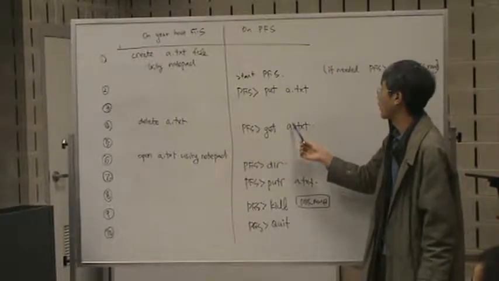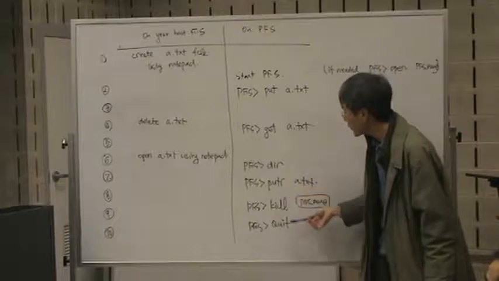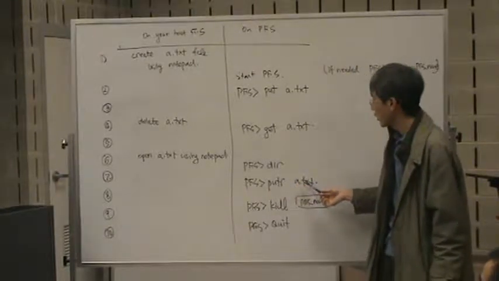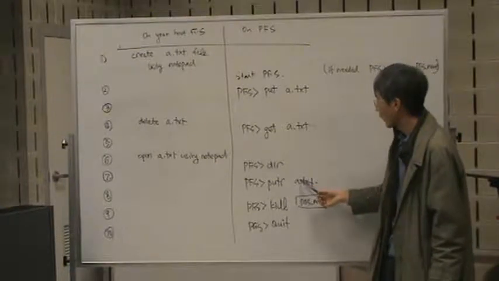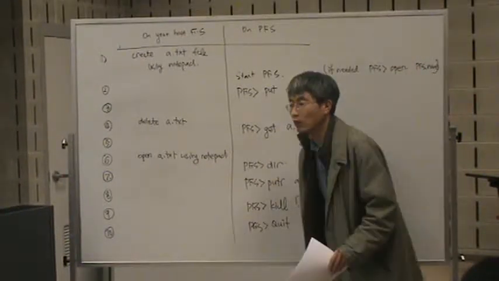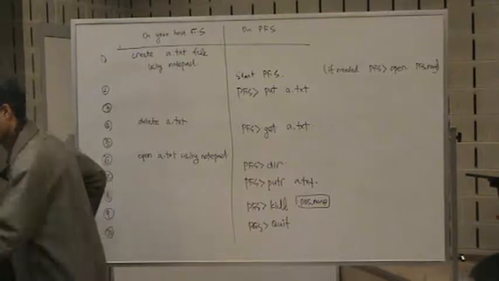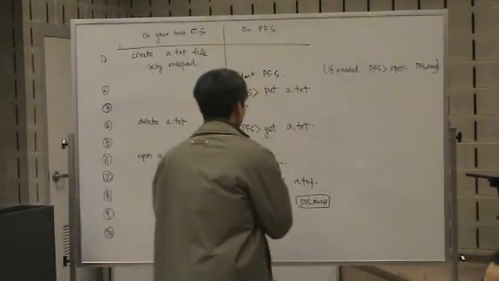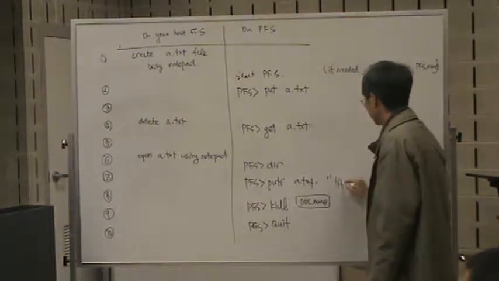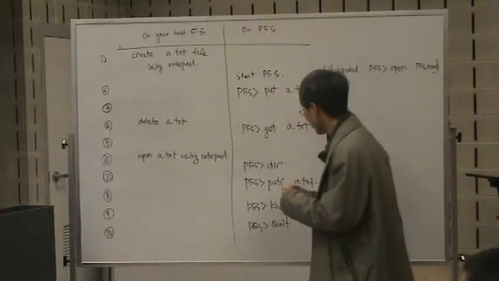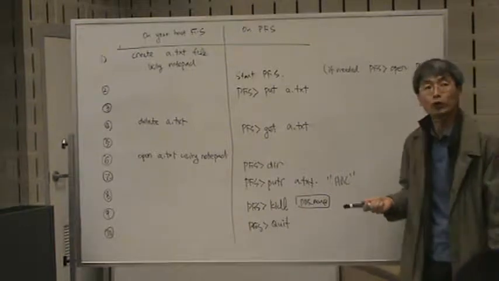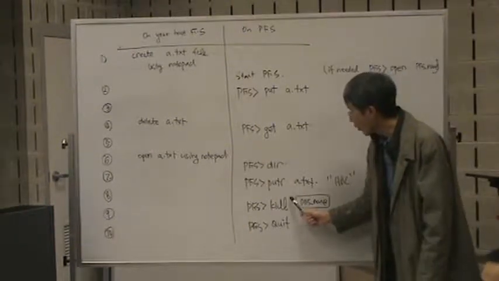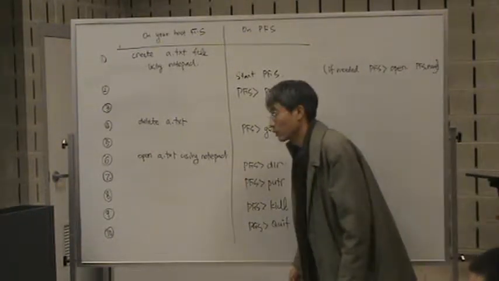I'd like to see whether the a.txt file is in your directory structure, and run a Linux command using the put r command, as simple as possible. Then kill your file system if you implemented it, or you can quit.